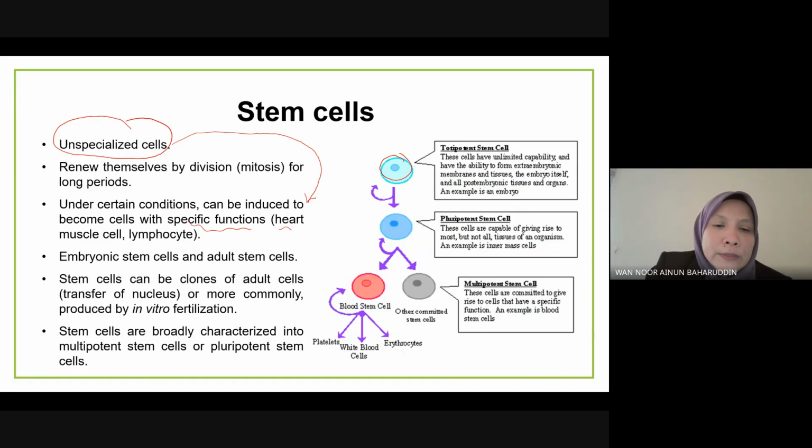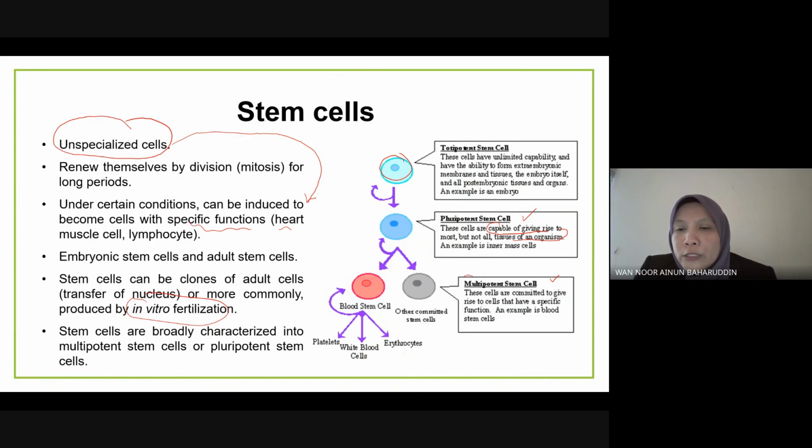Then these stem cells can be clones of adult cells, more commonly produced by in vitro fertilization, and they are broadly characterized into multipotent stem cells or pluripotent stem cells. Okay, apa beza pluripotent stem cells dengan multipotent? Pluripotent, they are capable of giving rise to most tissues of an organism.